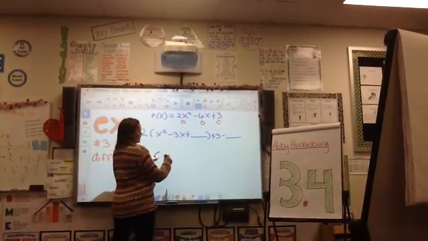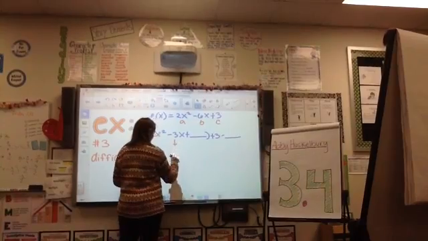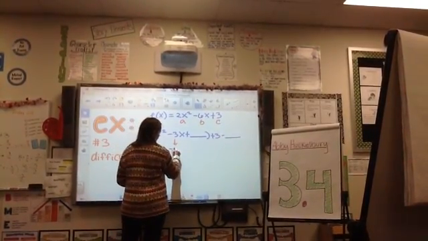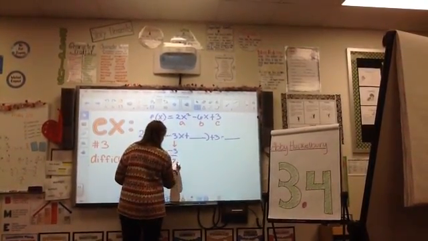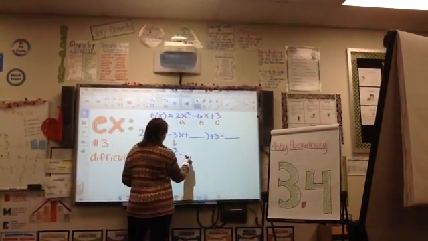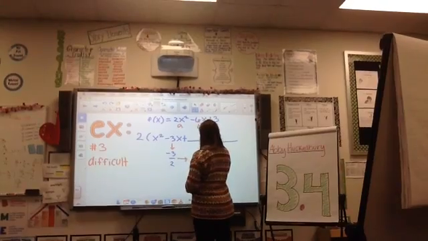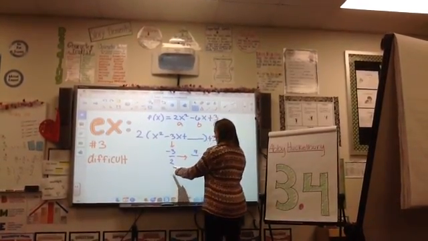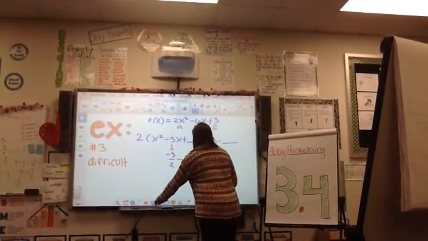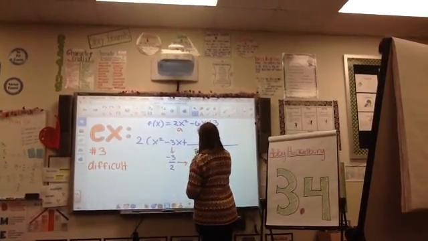Next, you divide your negative 3 by 2, which leaves us with negative 3 halves, and you're going to square it. Negative 3 squared is 9, and 2 squared is 4, which becomes your new C term.